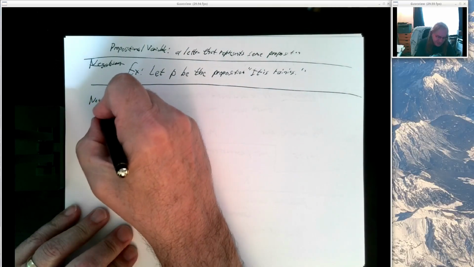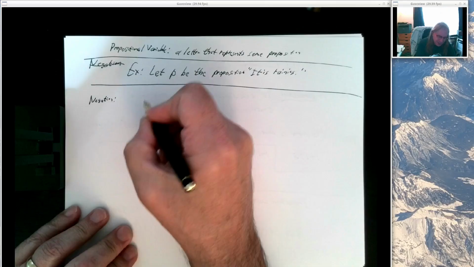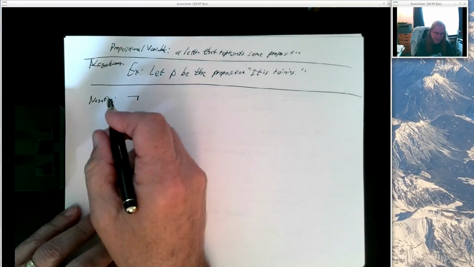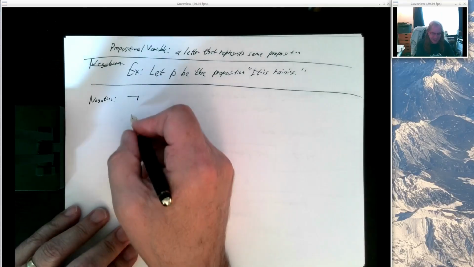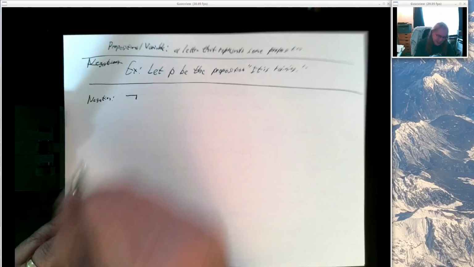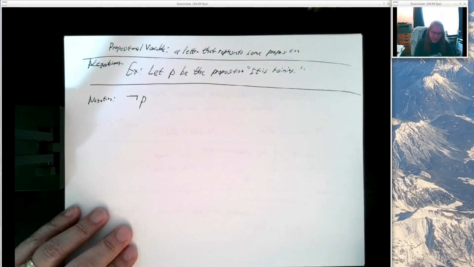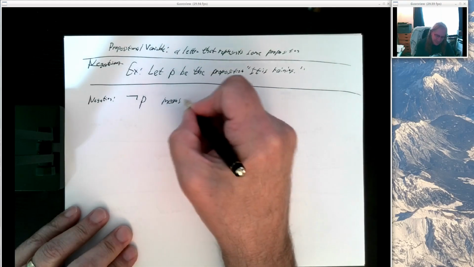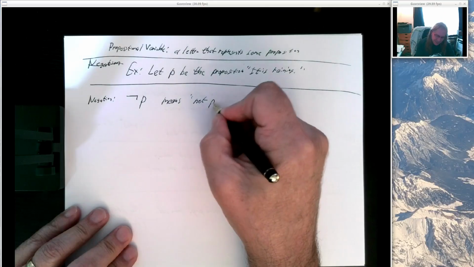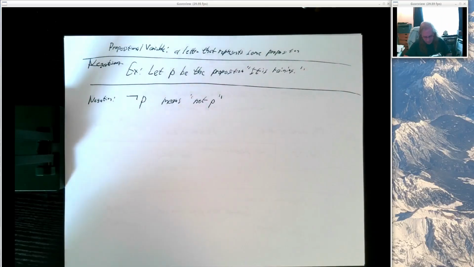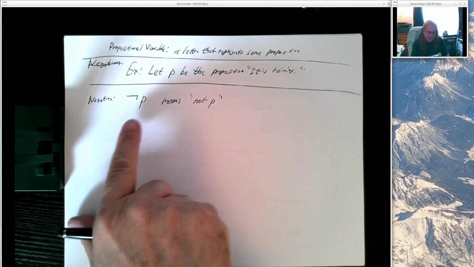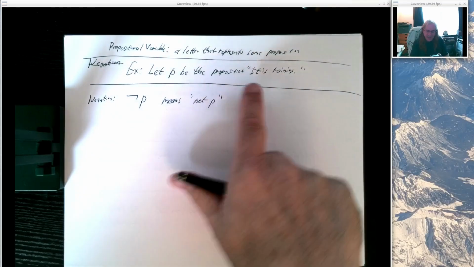So let's start with negation. Negation is this symbol that we call a hook. It's a horizontal line with a little vertical notch on the end. And if we say negation of P, this means not P. So if P is the proposition that it is raining, this means not it is raining.